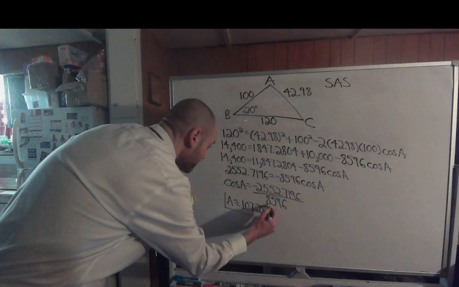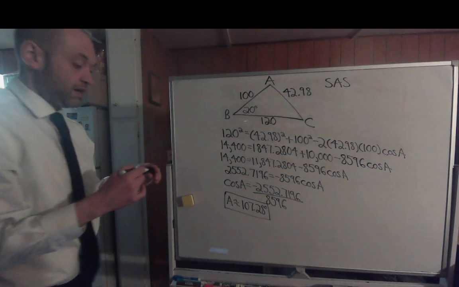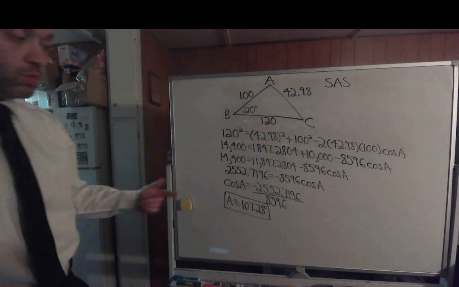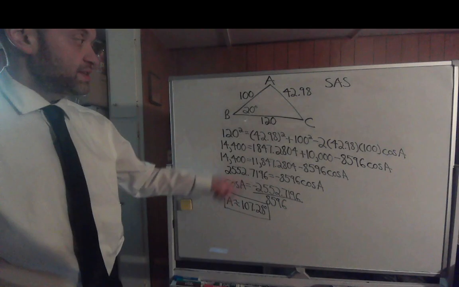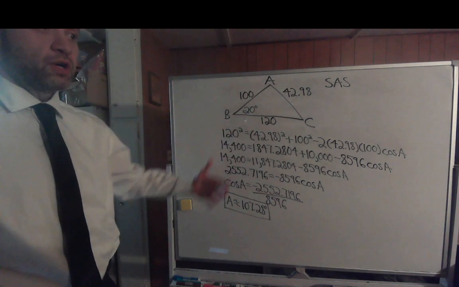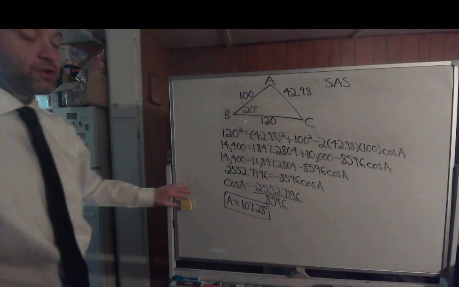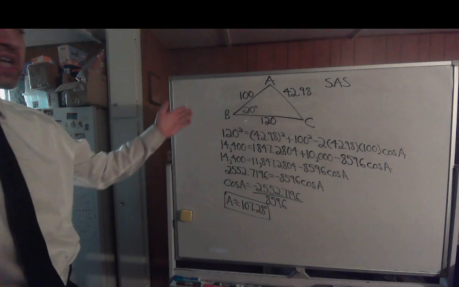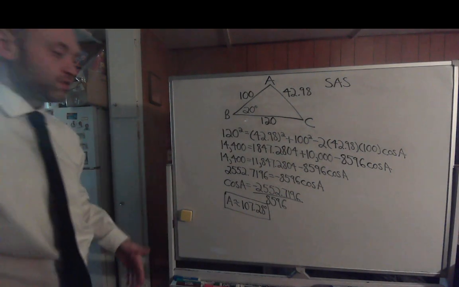So angle A is about 107.28 degrees, which still works in the second quadrant. You add that to 20, you're still well under 180. You just don't want to get a third quadrant angle, which you wouldn't because your domain's only the first and second quadrant of the cosine inverse.